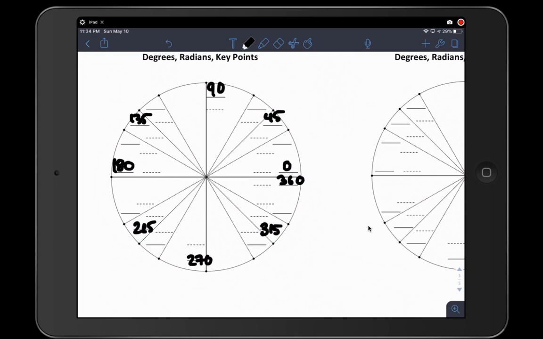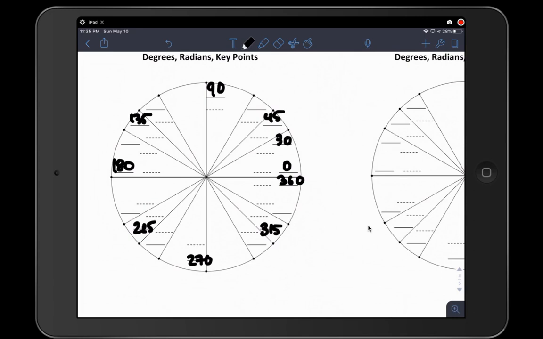Now, here's where I change a little bit about the way I was explaining it before and the way I do it on my own. Once I do that, I look at this as 30 degrees, right? Pi over 6. And I just put in every single one of those next. So all these chunks all the way around the circle are exactly the same.